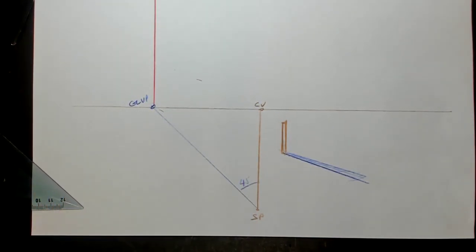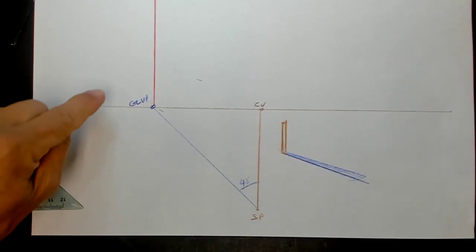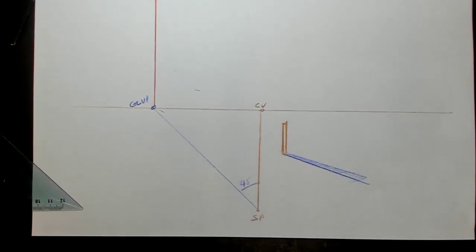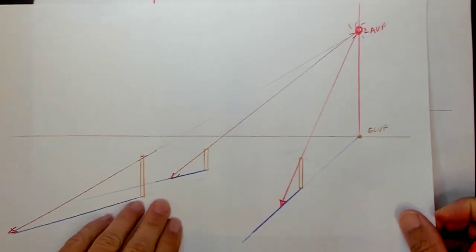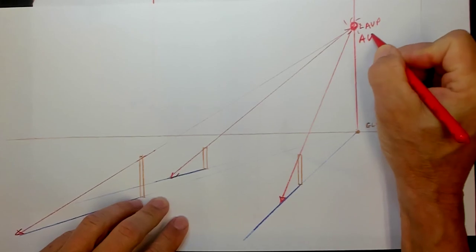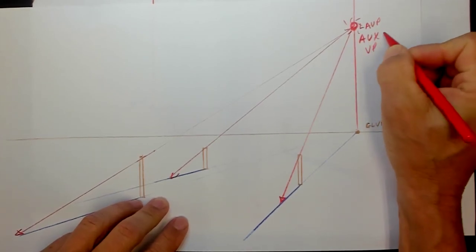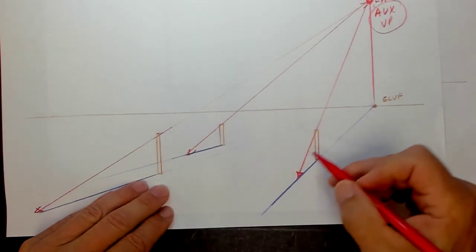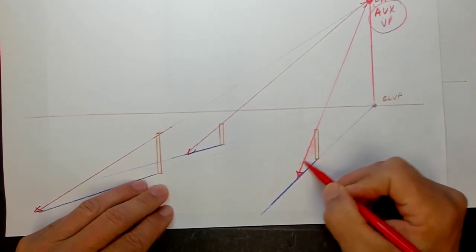So to make a line that is at a 30 degree angle to the ground, we need a point where we get our true angles from. And this slight angle vanishing point up here works just the same as an auxiliary vanishing point, right? When we did inclines.